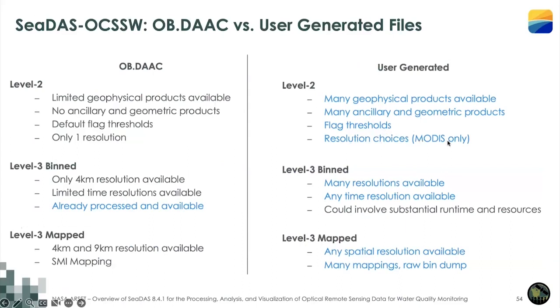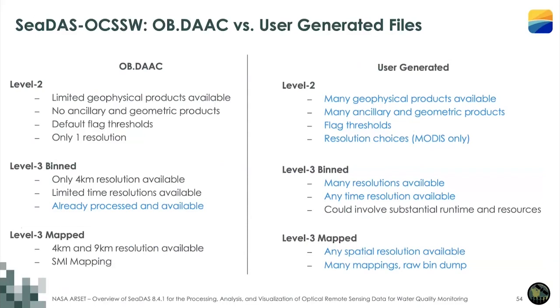And there's more resolution choices in MODIS anyway. As for binning, there's many resolutions available, whereas we only have the 4 kilometer that we supply because it's a global product, and 4 kilometer is a lot of pixels globally.